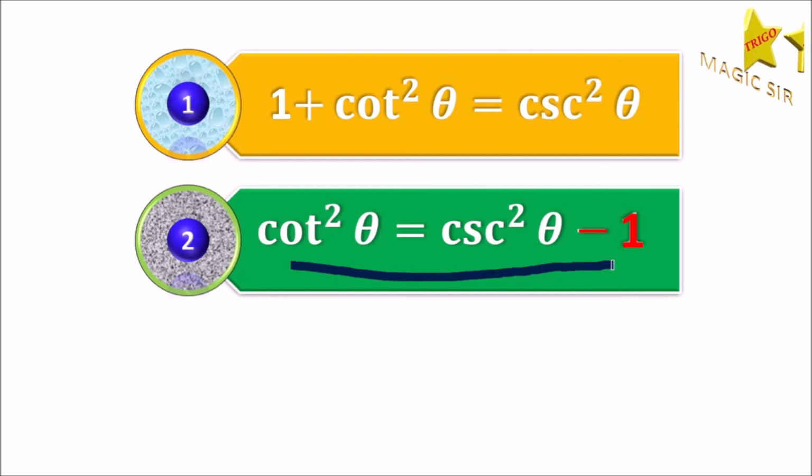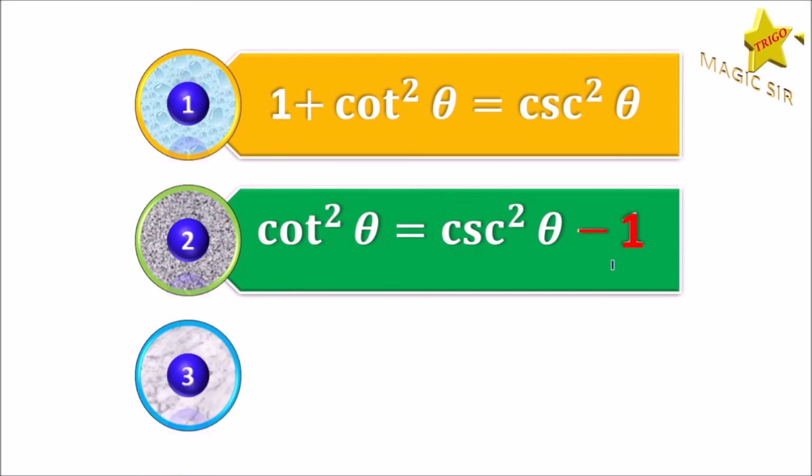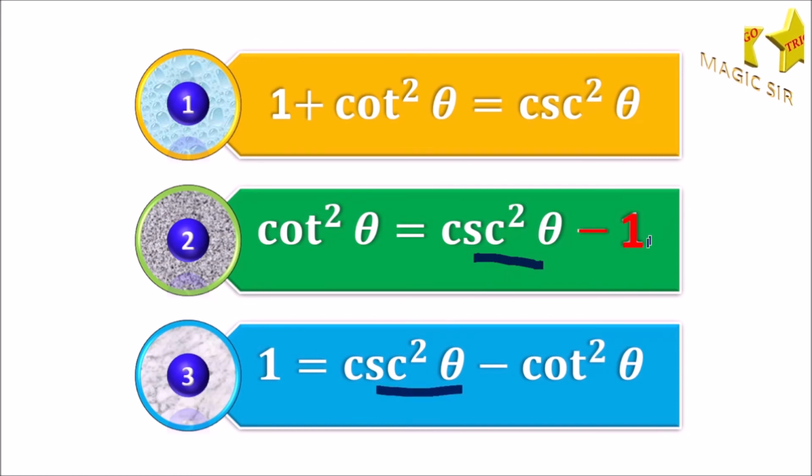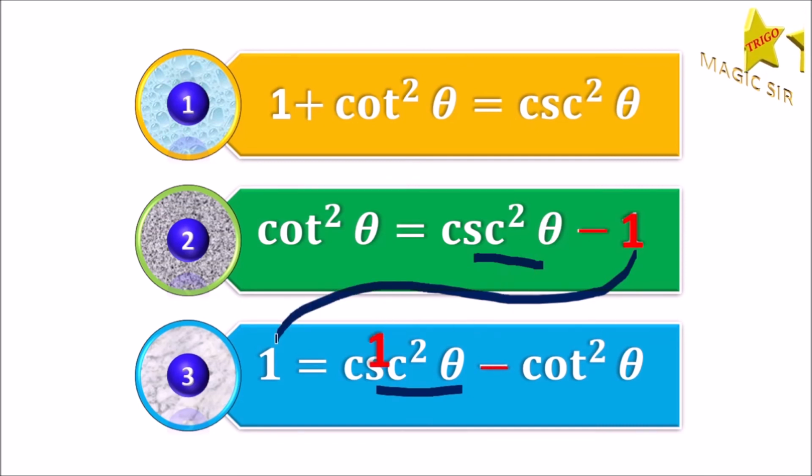Again, we can write 1 is equal to cosec square theta minus cot square theta. Here, cosec square theta remains as it is. Let us change the side of 1 from right to left. So negative 1 changes to positive 1.